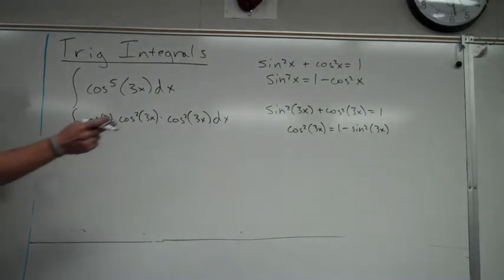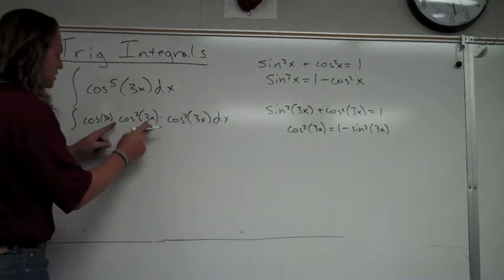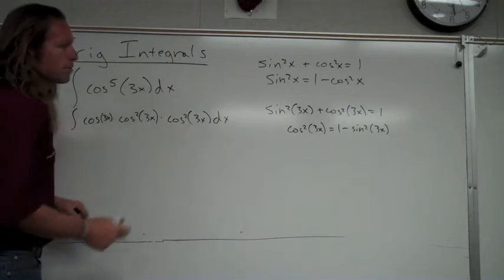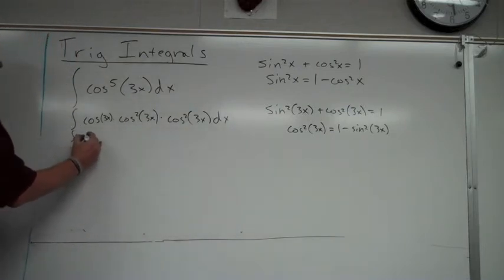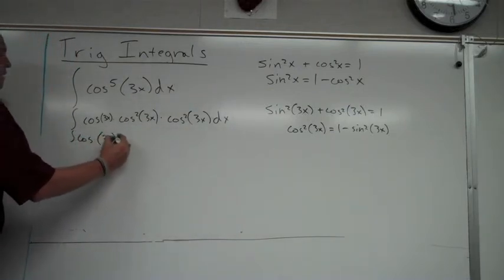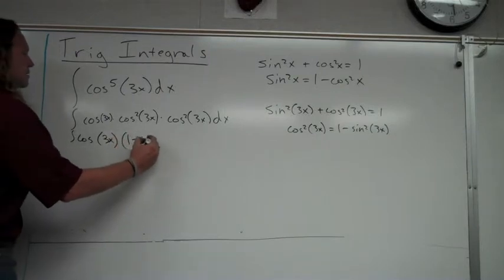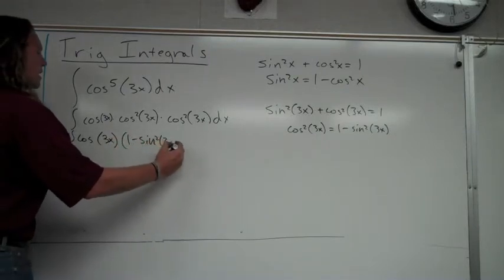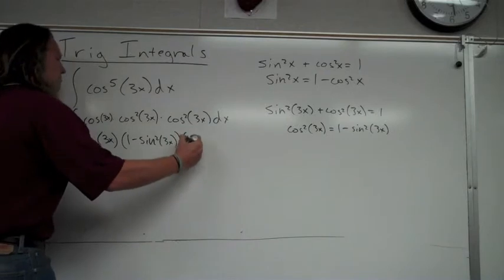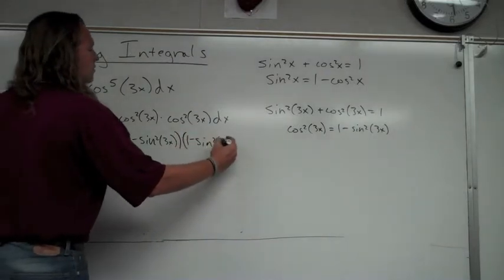And what I'll do is plug in 1 minus sine squared 3x where I see cosine squared in both places. So cosine 3x times 1 minus sine squared of 3x times 1 minus sine squared 3x dx.